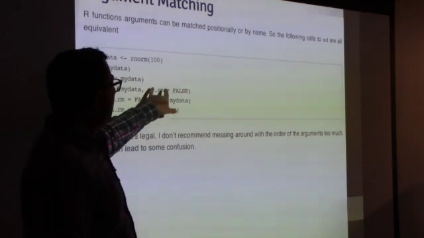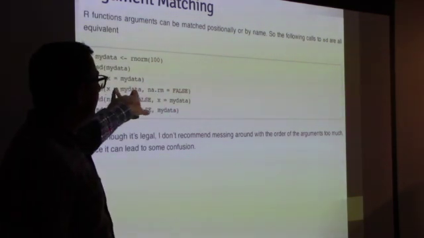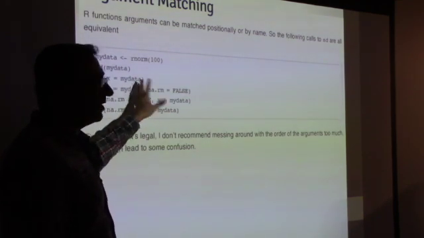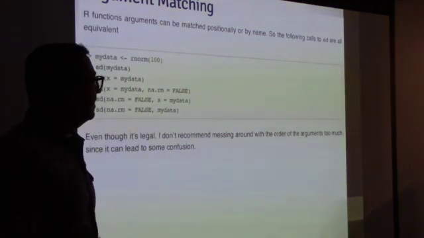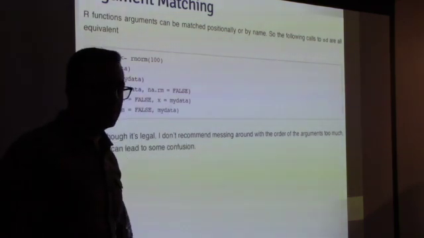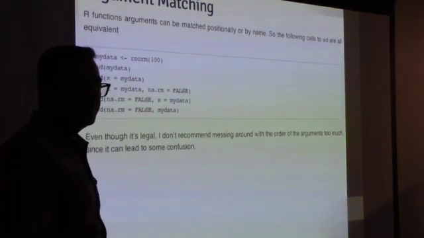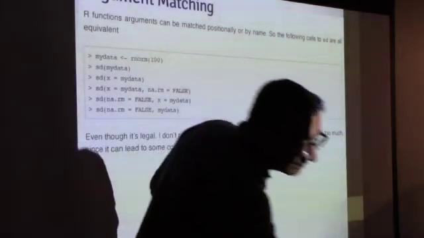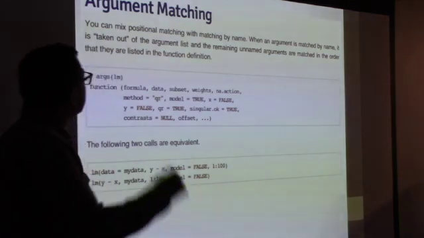And so I would suggest that you keep the arguments always in the same order. Don't try to mess around with the order. Don't flip-flop the order of the arguments. Even though it will work, it's just easier to remember what the order is. Sometimes it leads to confusion of what's going on.